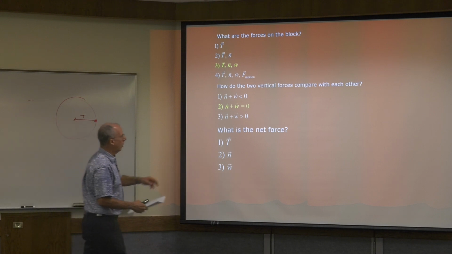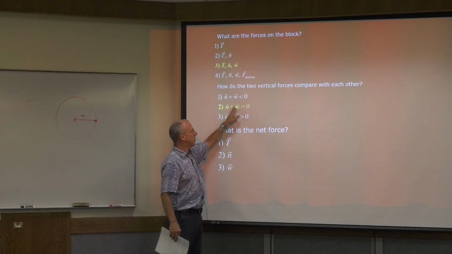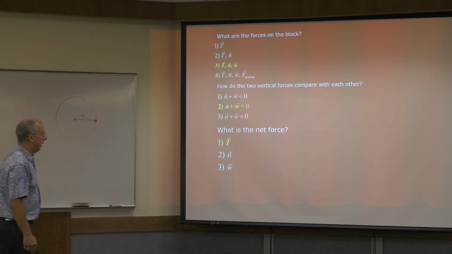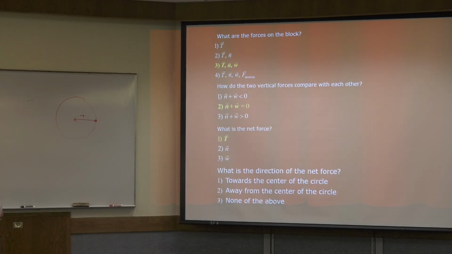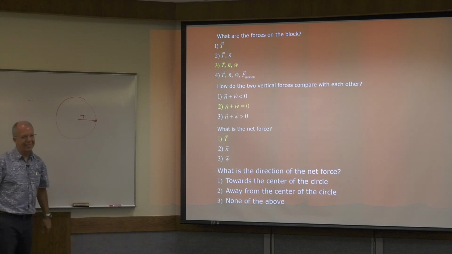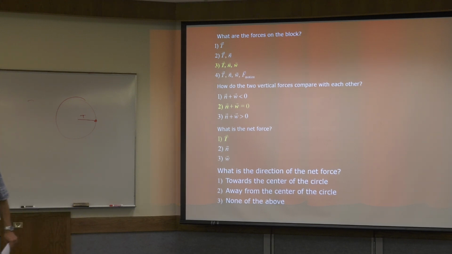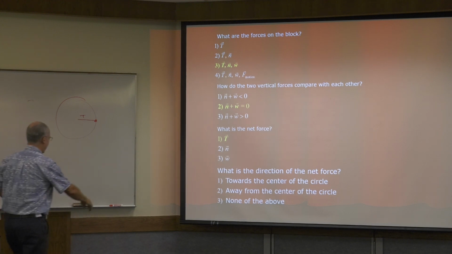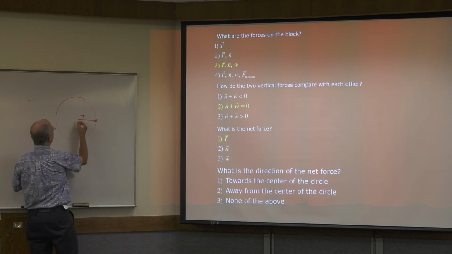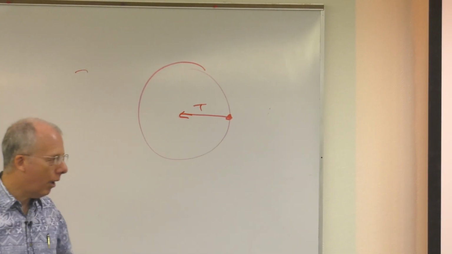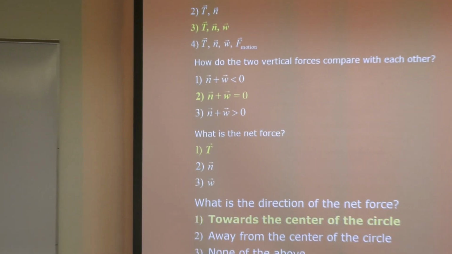If these forces cancel, the net force is the tension. What is the direction of the net force? It's towards the center of the circle. So the net force is toward the center of the circle.